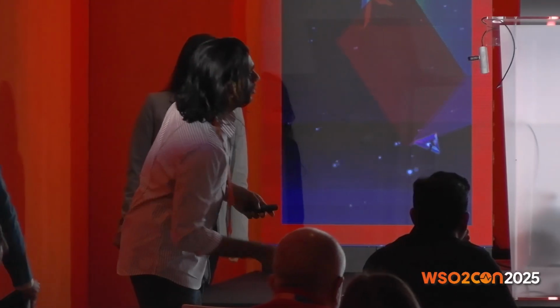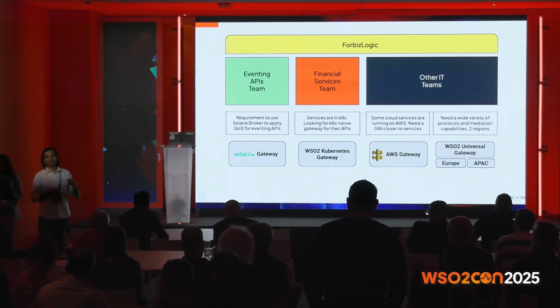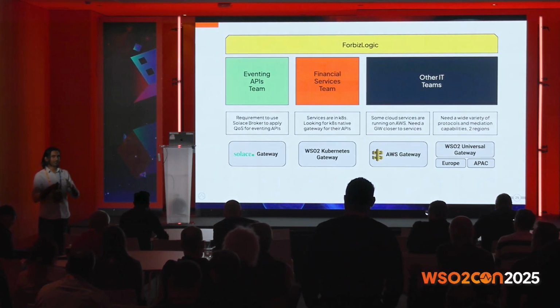Yes. For all the immutable cases, we will be promoting Micro Gateway. Choreo Connect, as you probably know, is based on Envoy. If you consider the WSO2 Kubernetes Gateway, it's more aligned with Choreo Connect because it's again based on the Envoy runtime.